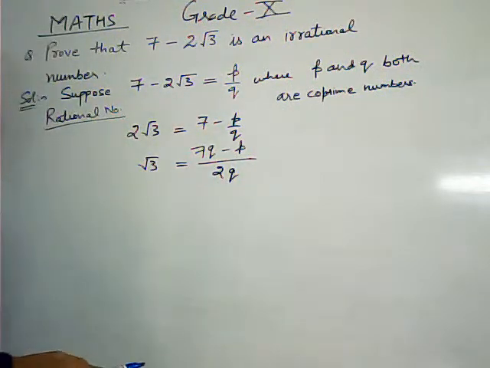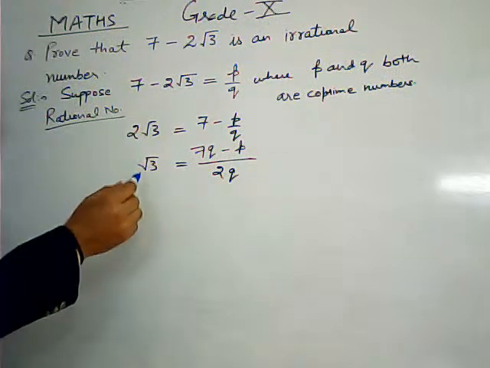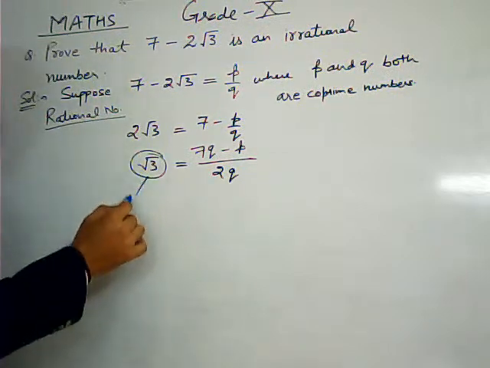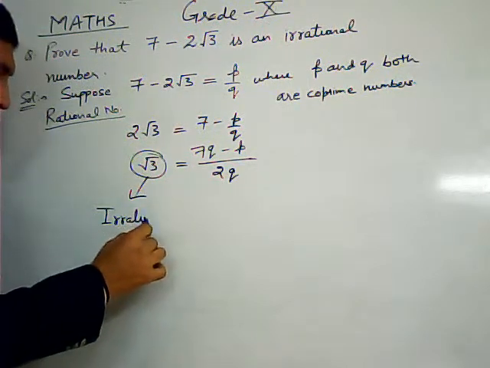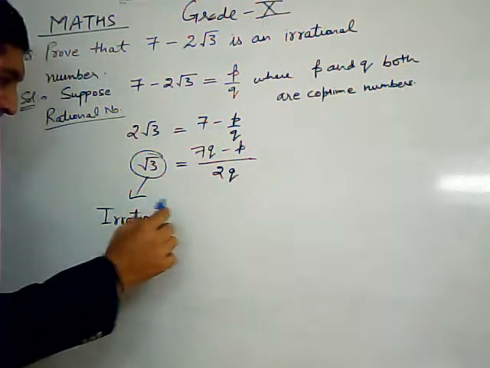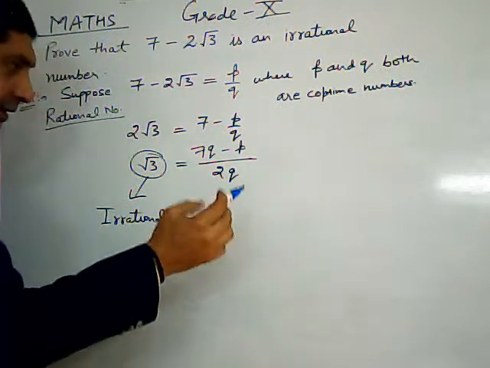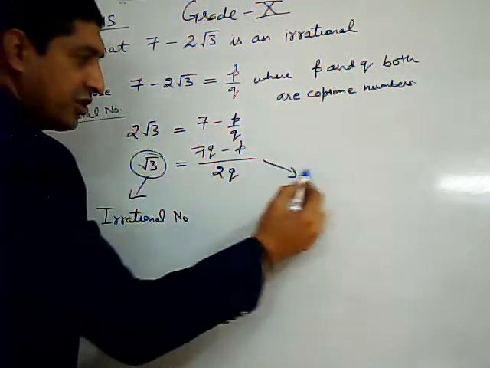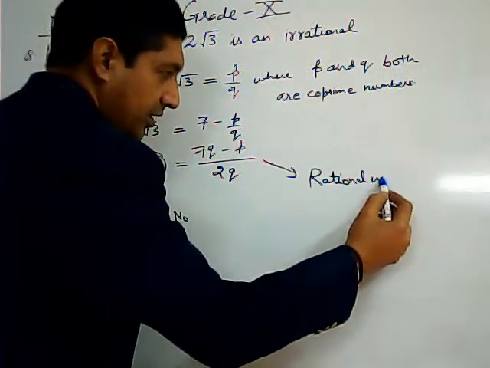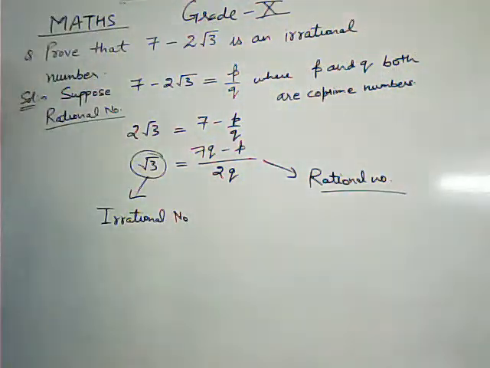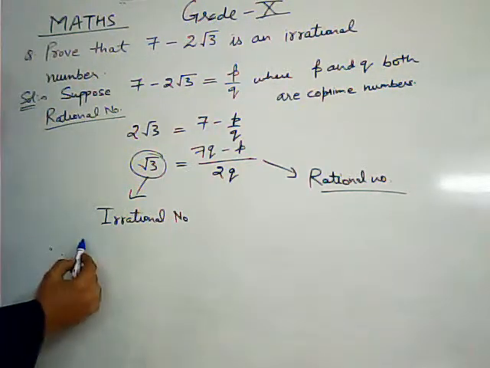Here our supposition is wrong, because root 3 is an irrational number, and this is a rational number. Therefore, our supposition is wrong.